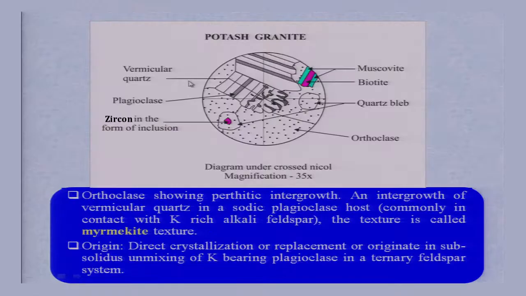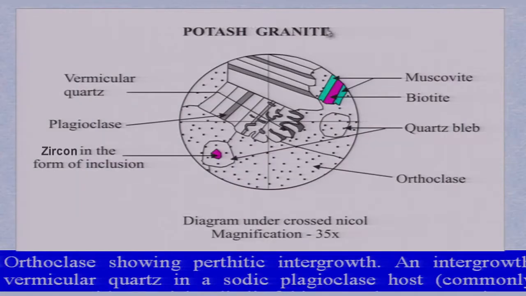I am showing my own hand drawn figure here of potash granite, where you have orthoclase. A large proportion of the slide is covered by orthoclase and quartz. This is quartz, and this is quartz, and this is muscovite. Muscovite is a mineral, biotite is another mineral, and this quartz here is not a graphic quartz, but a released quartz.